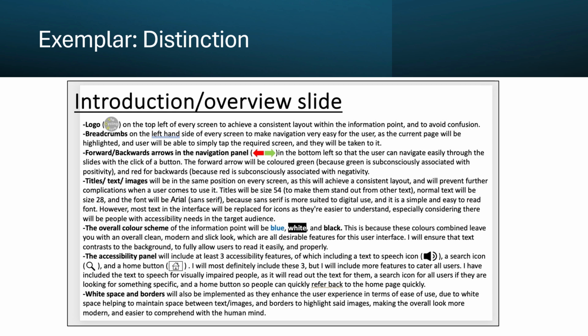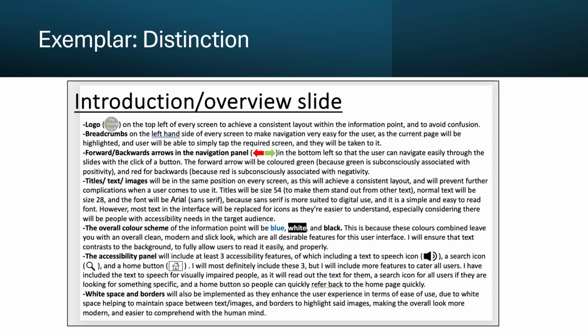They've referred to breadcrumbs, which is a design principle that shows where you are in a specific navigational system. They've referenced the navigational buttons they're using, the back and forth. They've talked about the text and images and how they will be positioned in every single screen, how this will achieve consistency.